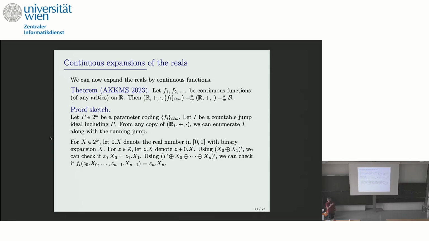Like I said, the code lets me see that I'm wrong in a sigma 1 way, so the jump lets me know if this is right or wrong. This is all very simple. Like, there's nothing going on in this proof. You can also check plus and times, and therefore you just build a copy of the field with all these continuous functions. Everything's easy because we have the jump, which is a really nice thing to have.